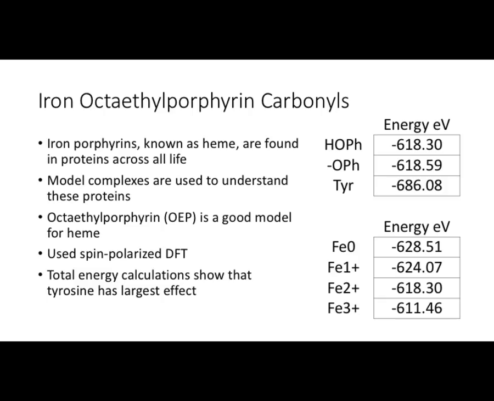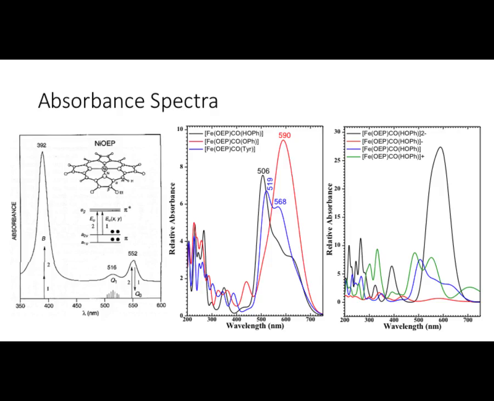Looking at the absorbance spectra, this is an absorbance spectrum of nickel octaethylporphyrin. Nickel octaethylporphyrin is very easy to use because nickel only makes 4 coordinate bonds, so it's just the structure, nothing special going on. It can't get axial ligands or anything, so it's just really stable. And looking at it, you have this one really large band right around 400.